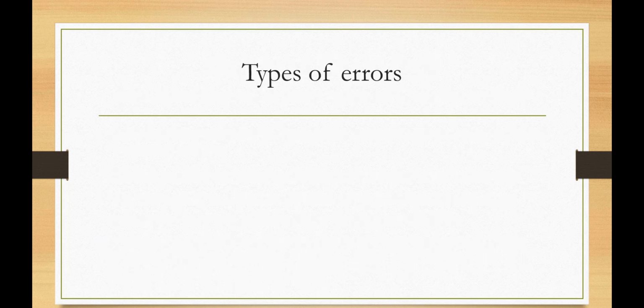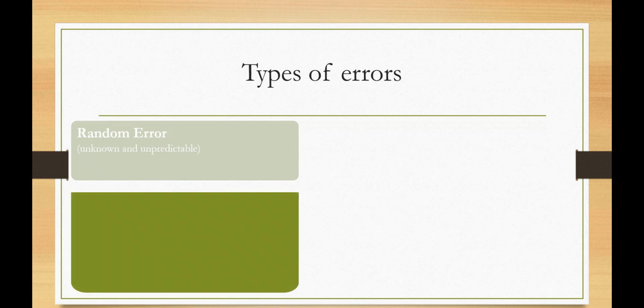While taking measurements, how do these errors come in? It's either due to wrong technique or from the system.